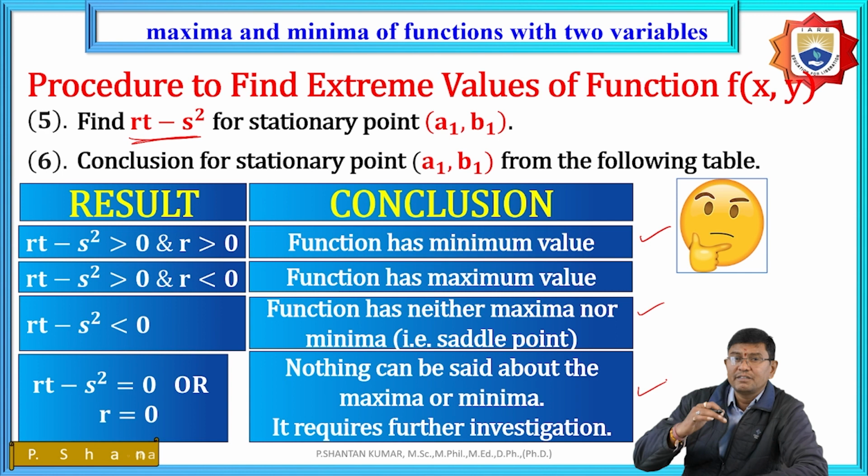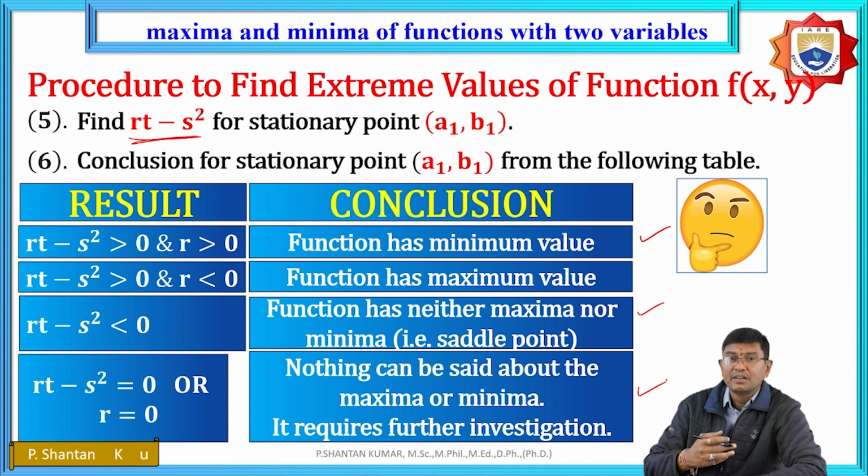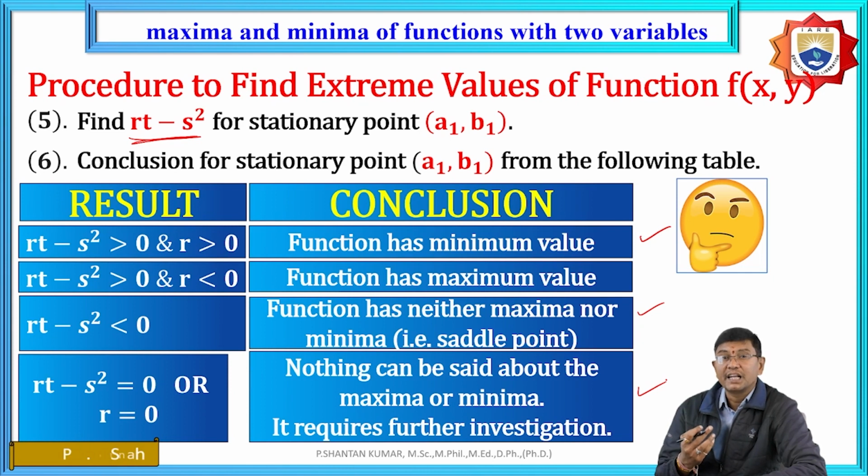That means first we need to find the first order derivatives p and q, and second, find the stationary points, and after that find the values r, s, t, and further find rt minus s square, and identify the condition at a particular stationary point.